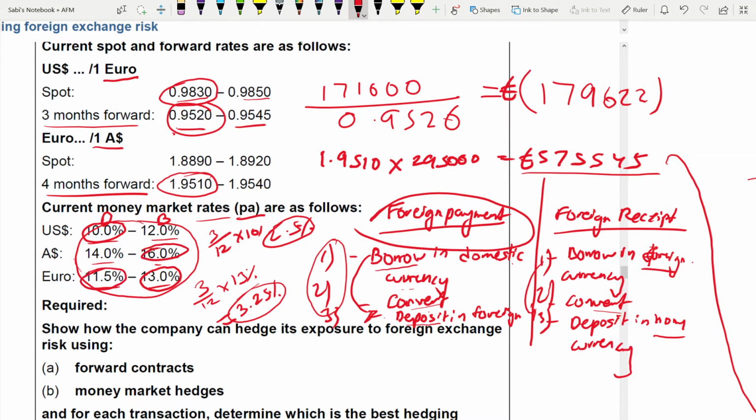But you cannot take 16 and 11.5% as it is. It's annual term, please take 4 months. This time not 3 months, 4 months. So 4 months of 16%, and also 11.5% you have to take for 4 months.